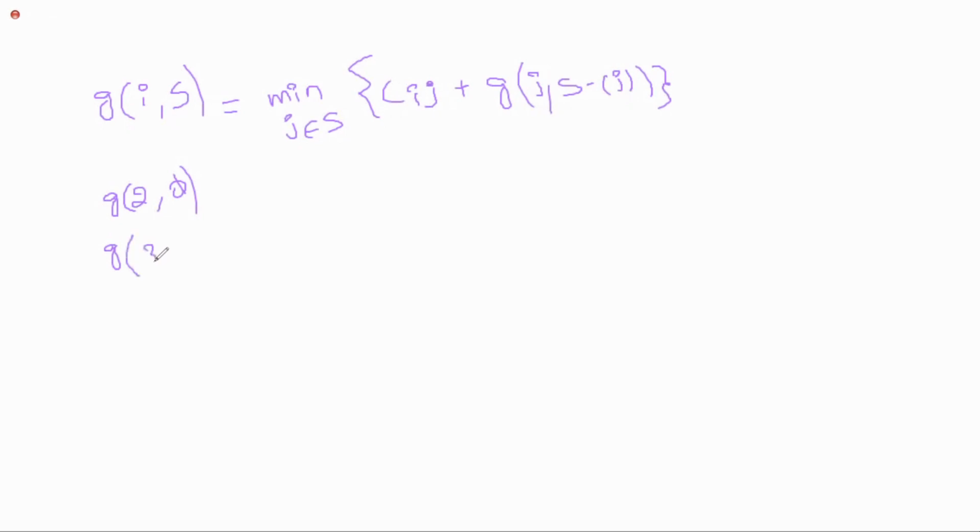Similarly 3 and 4 with the empty set. Minimum of J belongs to S. Do you have any S here? No, it is simply 5, right? So no need of calculating this minimum.